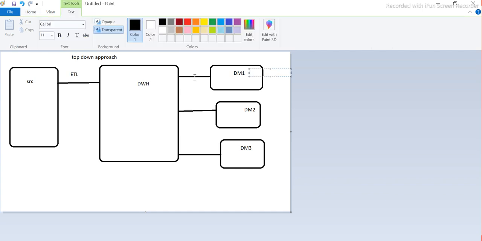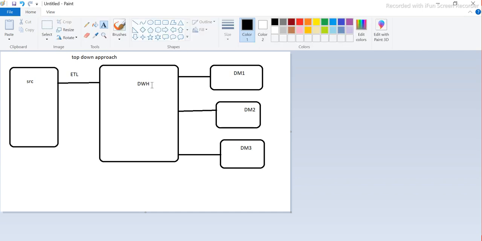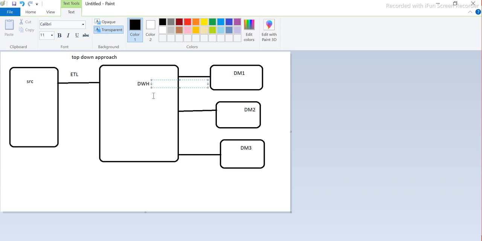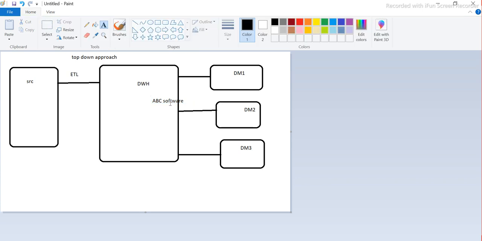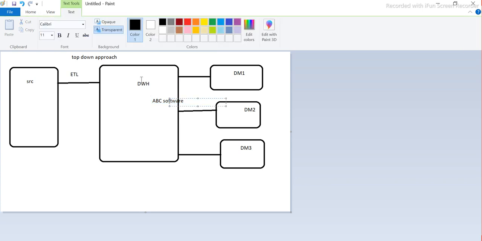Okay, and the data warehouse will contain the entire thing about the organization. For example, let's say I have a software company, let's say ABC software. Now, this particular data warehouse will contain everything about this particular company organization.